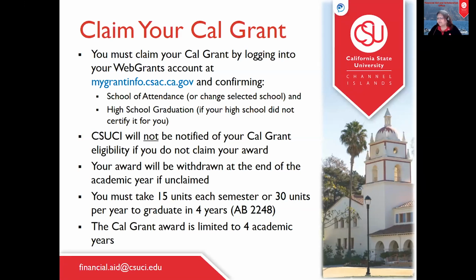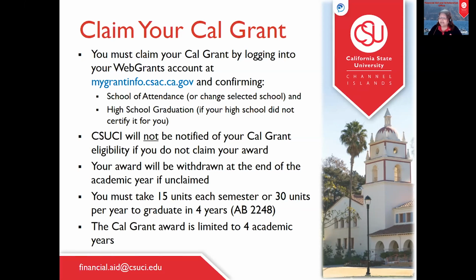And you can also find this information on our website. But this is very important. Step number one, just make sure that you're claiming your Cal Grant. CSUCI will not be notified of your Cal Grant if you don't claim your award. And know that your award will be withdrawn at the end of the academic year if you don't claim it.